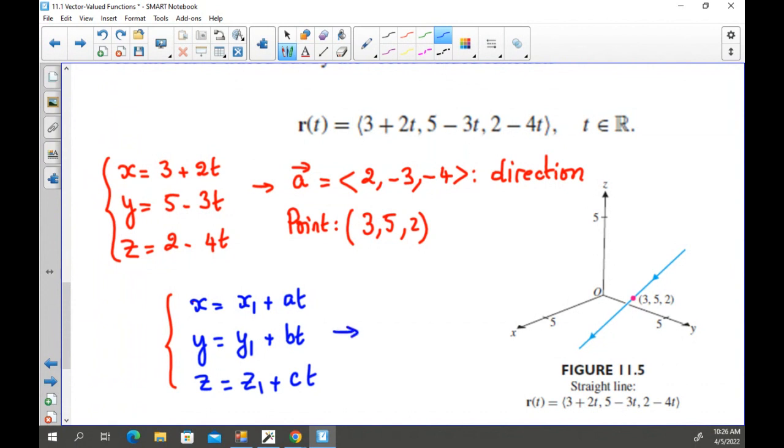So this is an important result. We did it before. So this is a line always.